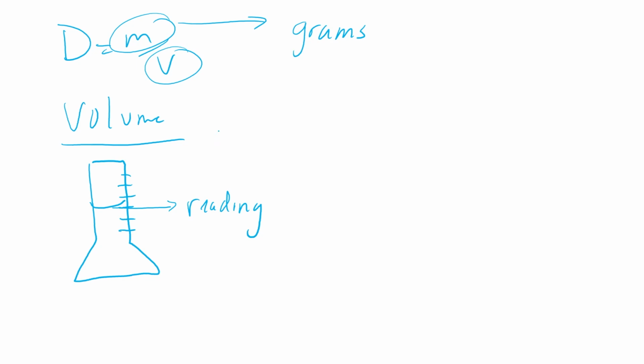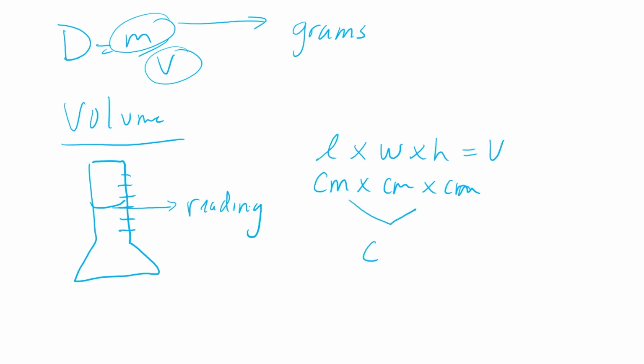Another common way is if you had some type of cube, you could take 3 length measurements, length times width times height, and that will equal the volume. Remember, centimeters times centimeters times centimeters gives cubic centimeters, which is a volume.